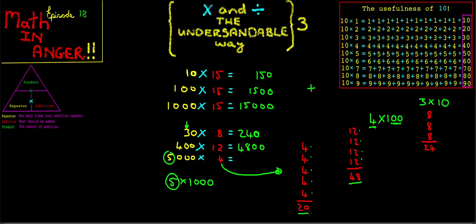And that gave me 20. So I can take that 20, write it down, and just add the 3 zeros to it. Do you see how much easier all of this becomes?